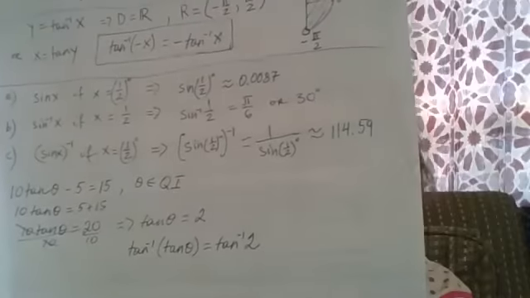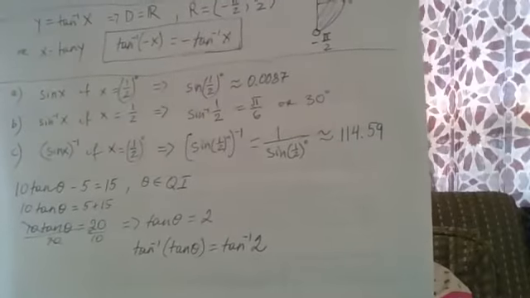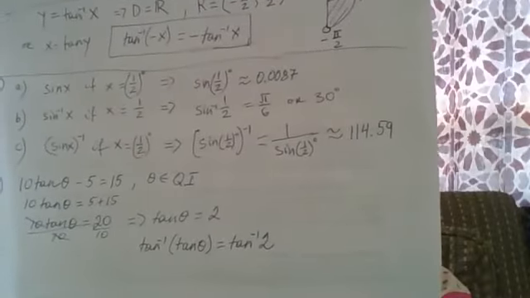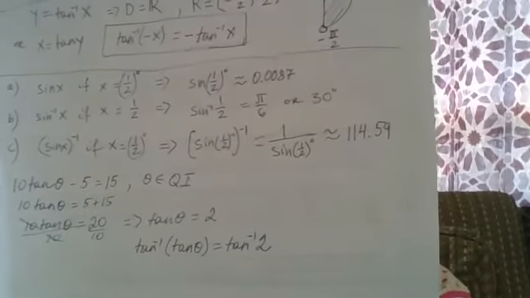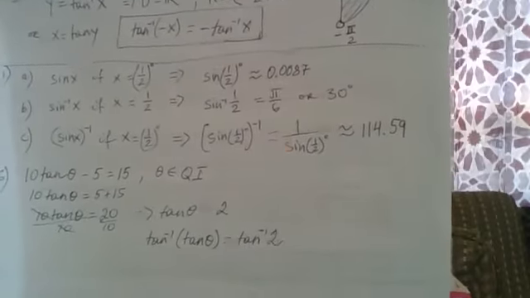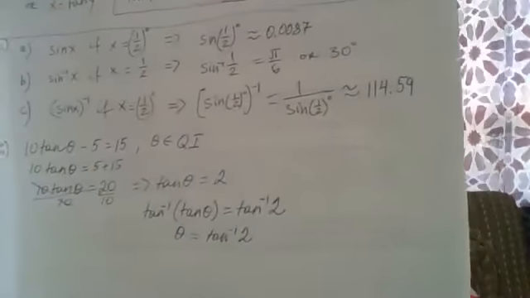And besides that, theta belongs to the first quadrant. First quadrant is in the range of the outside function. This is why the left side is theta now. So theta is equal to arctangent of 2.